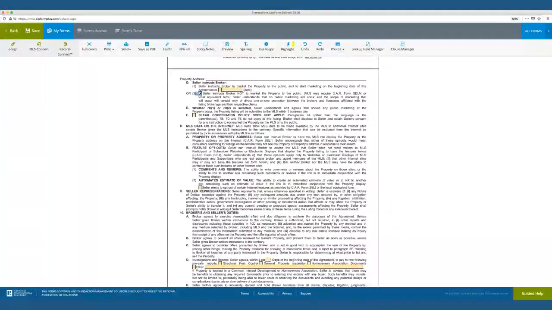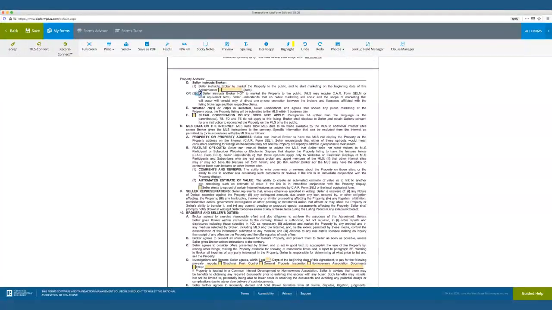But also here, MLS data on the internet. Once it goes out on the internet, a lot of sellers or buyers, after a property closes, say, I want my listing gone from everywhere. I want the pictures pulled. Certain MLSs control their MLS. Yes, the pictures can be pulled with the exception of one exterior picture.